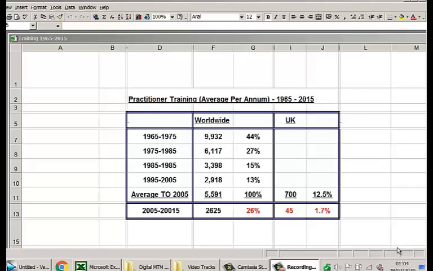One can conclude therefore that the application of MTM in the UK is virtually non-existent.